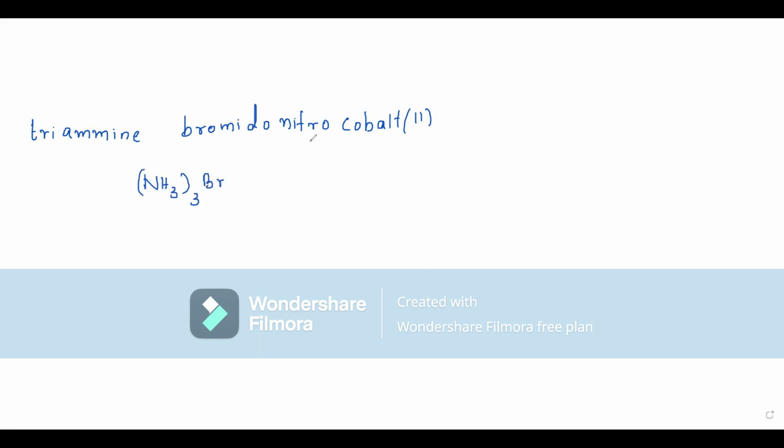Bromido, Br. Instead of nitrito-N, they have just written nitro here. So NO2 itself is what they mean.